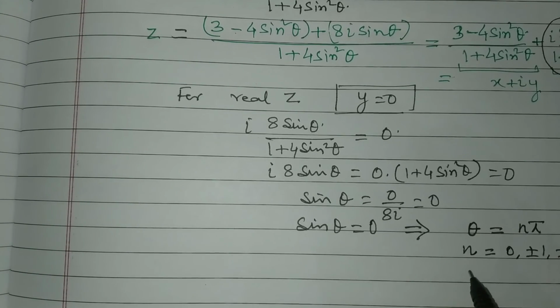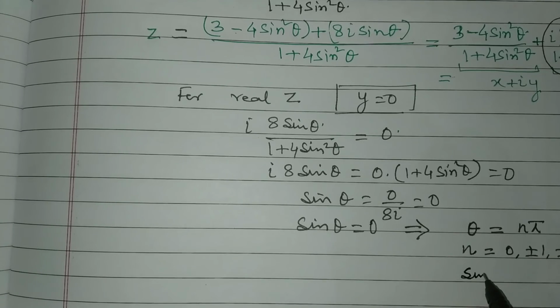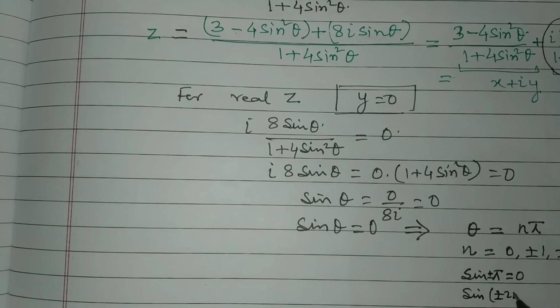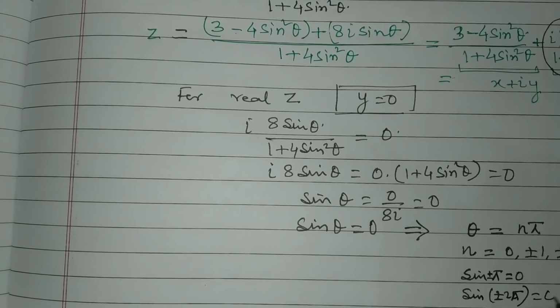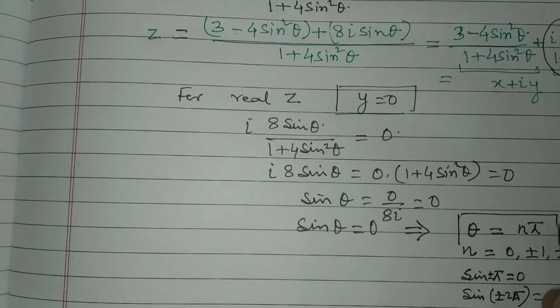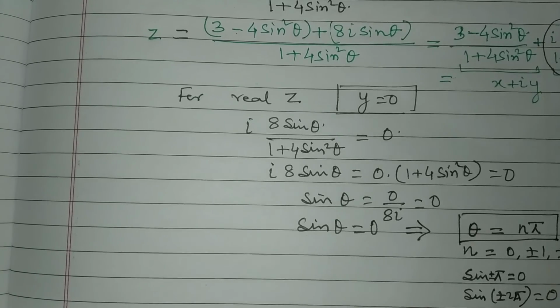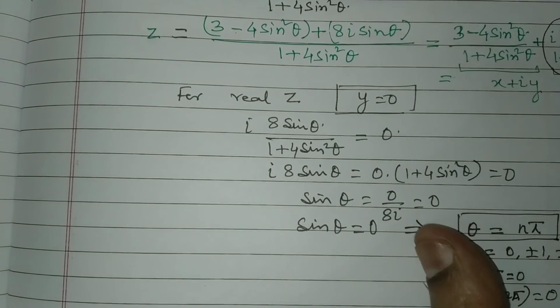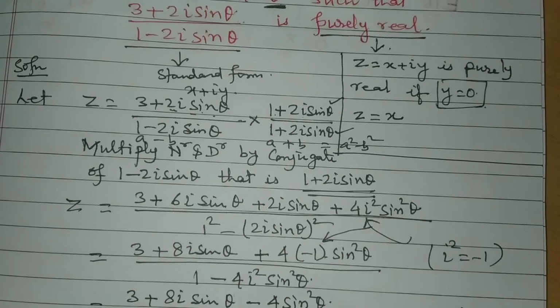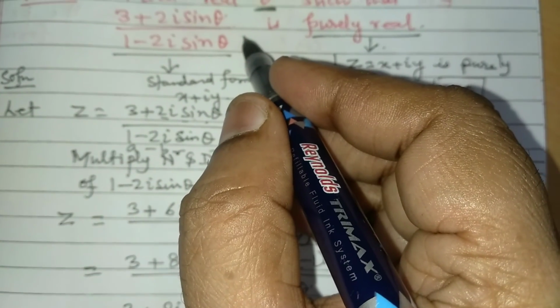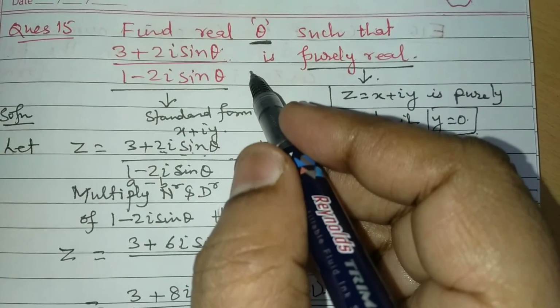Because sin pi is 0, sin minus pi is 0, sin 2 pi and sin minus 2 pi are also 0. That is why theta is equal to n pi. When theta is equal to n pi, this complex number is purely real.